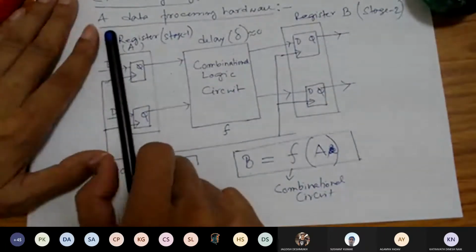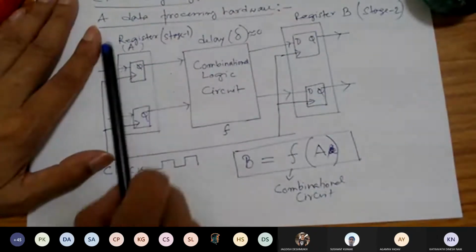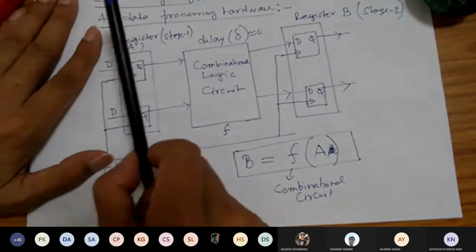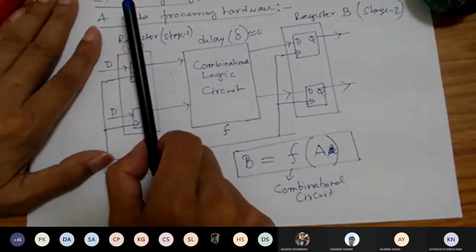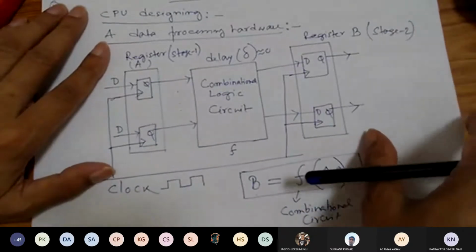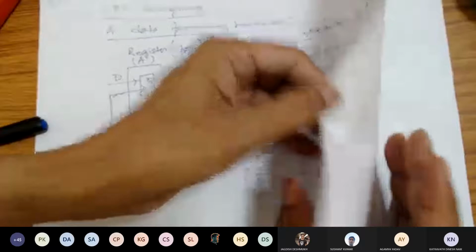In between every stage, you have a register that stores the data temporarily. So what will a typical hardware structure with multiple stages look like? Something like this.